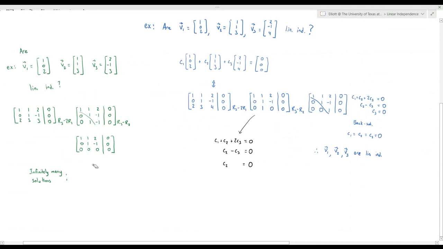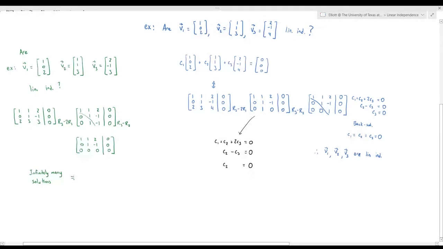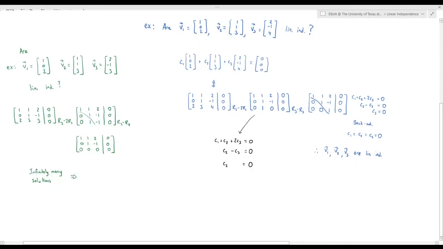For now, I don't know how important it is to write out the solutions. For this problem, it's not too important. If you can identify that there are infinitely many solutions, you can conclude that the vectors will be linearly dependent.